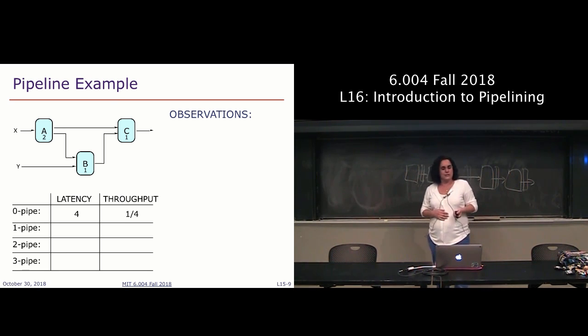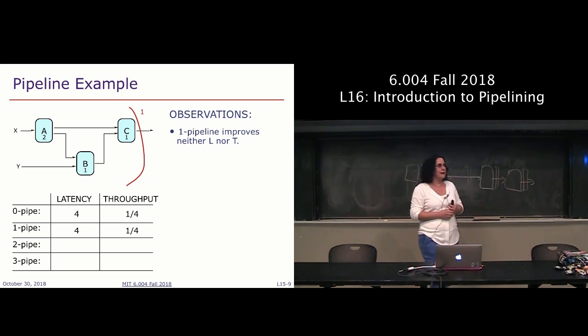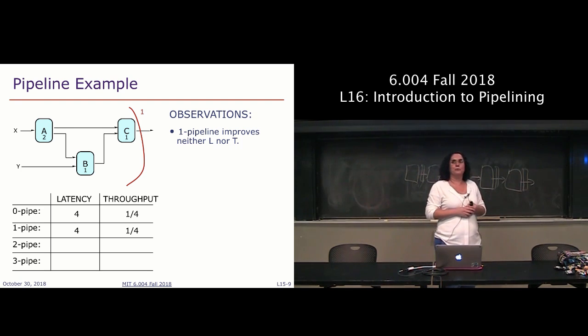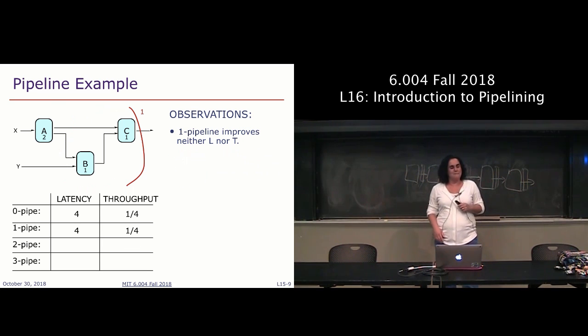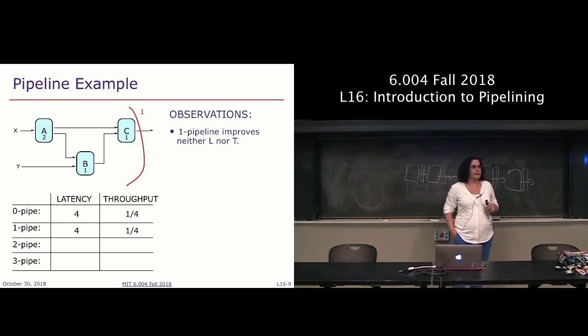If I now want to turn this into a one-stage pipeline, all I do is put a contour on my output. Does that change my latency and throughput? No, right? So my latency and throughput are still 4 in the one-stage pipeline.